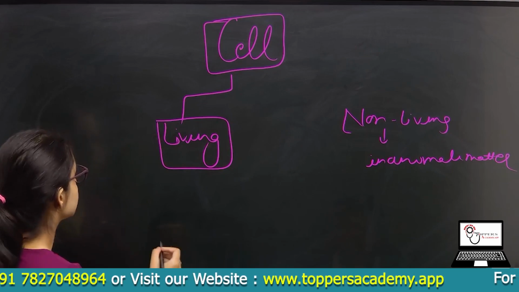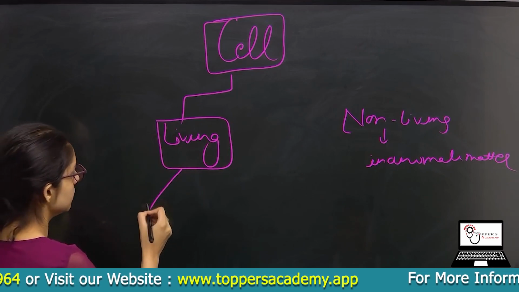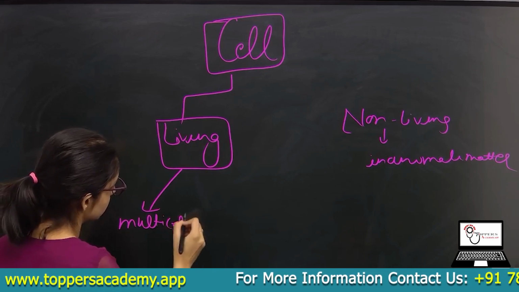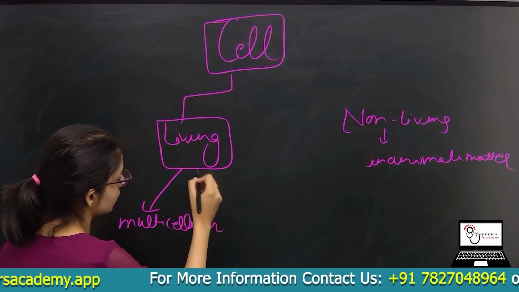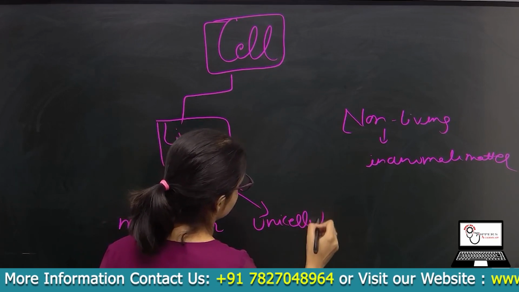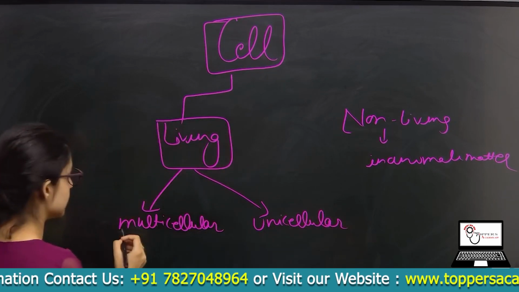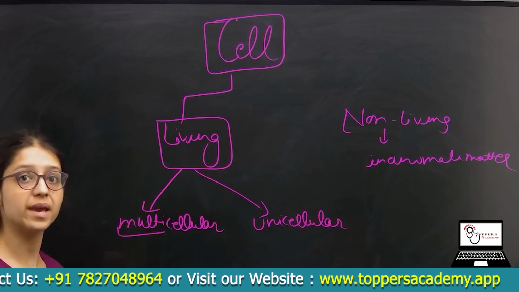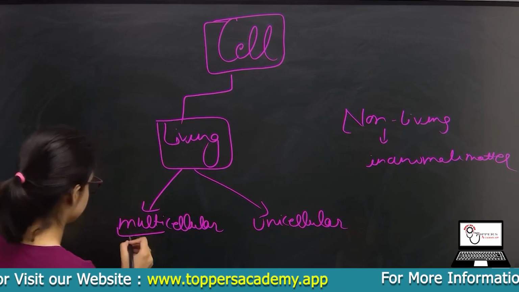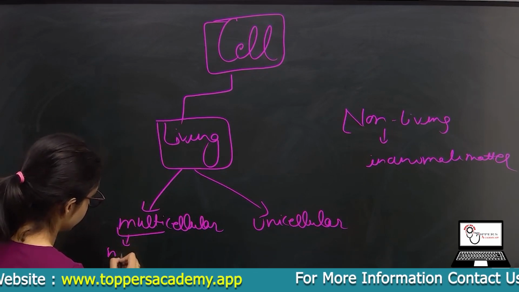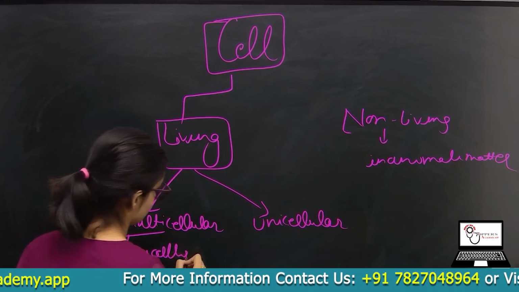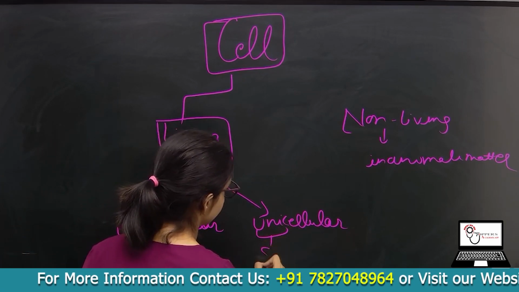So a living cell could be multicellular or unicellular. Multicellular means made up of many cells. Unicellular means made up of a single cell.